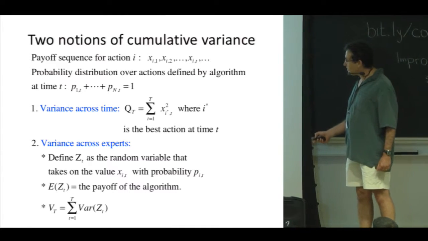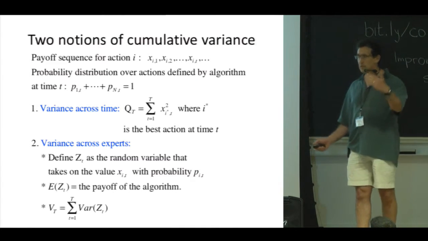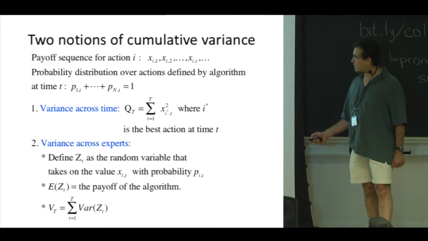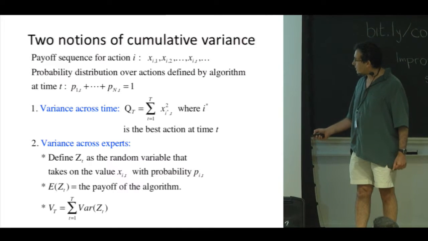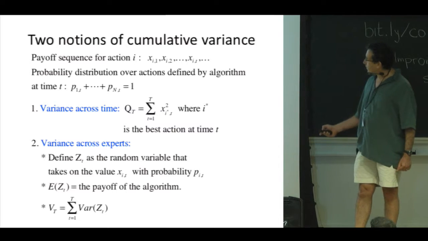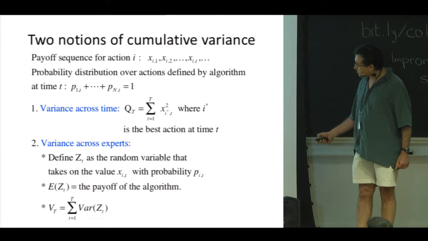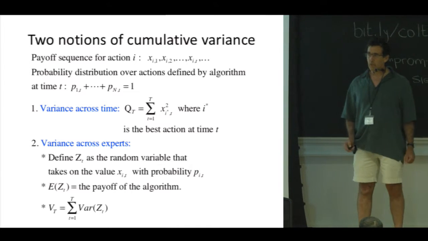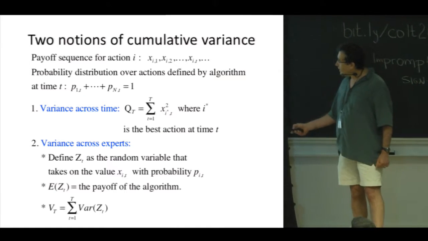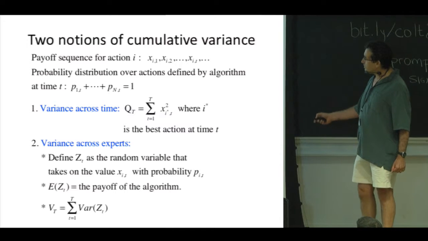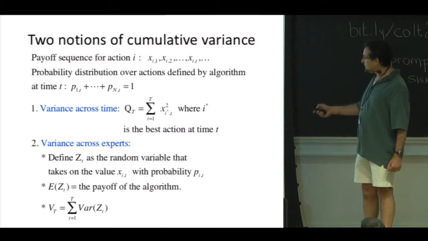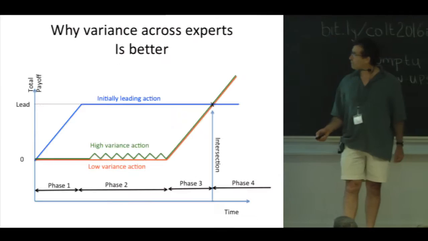And then you can define the variance, the fluctuation around the expectation. That's the variance of the payoffs, and the total is simply summing them across time.